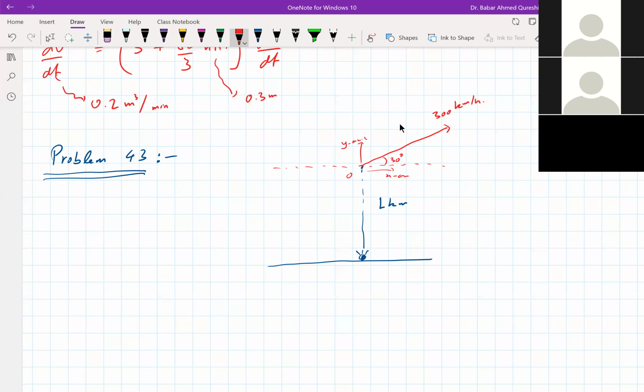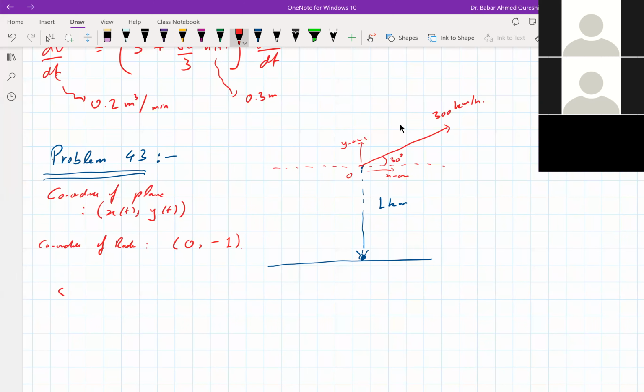So then at any given time, the plane has coordinates x of t, y of t, and the coordinates of radar are fixed. They don't change with time. They are 0 and -1. I'm doing it in kilometers.